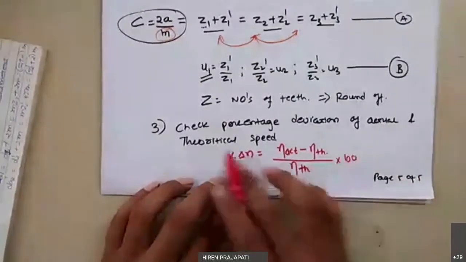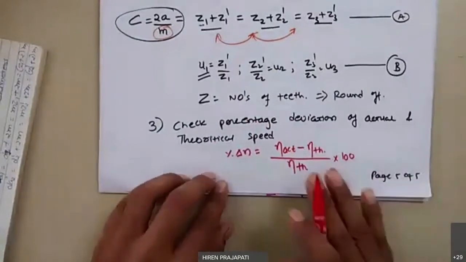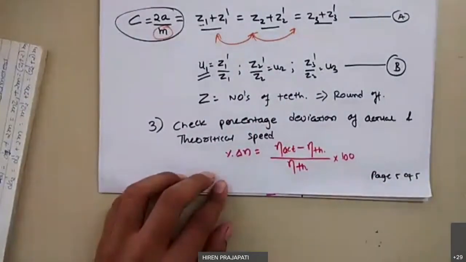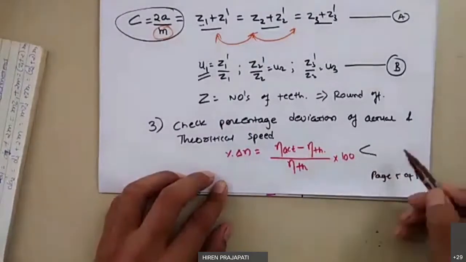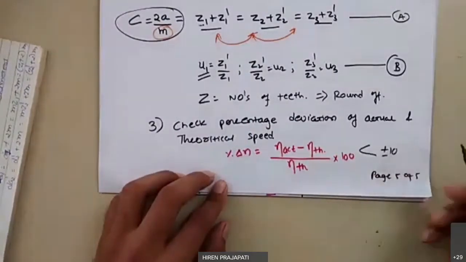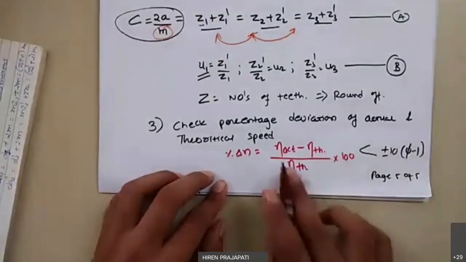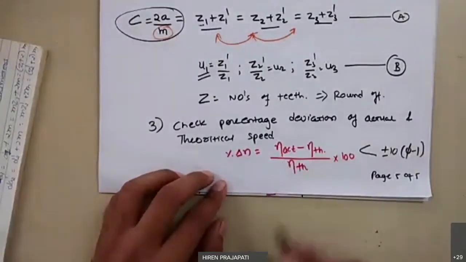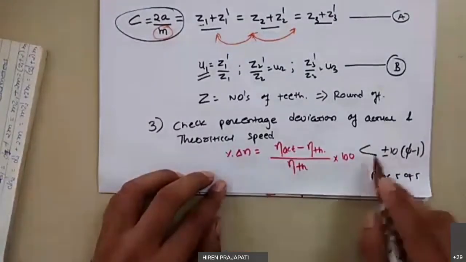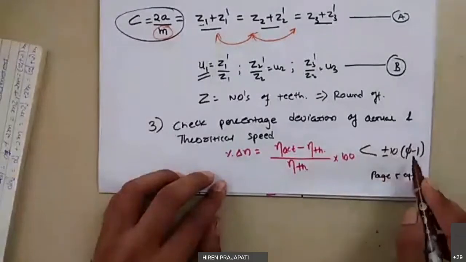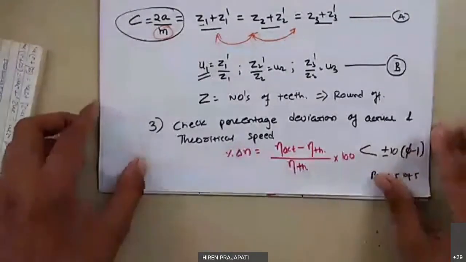So this is how you can find the percentage deviation in speed, right? This should be less than plus or minus 10 times phi minus 1. This is the condition, right? This percentage delta n should be less than plus or minus 10 times phi minus 1. So this is our third guideline.